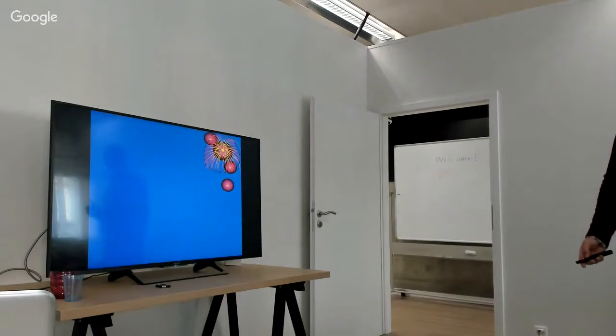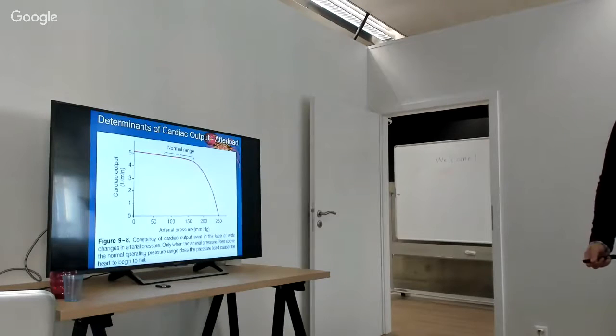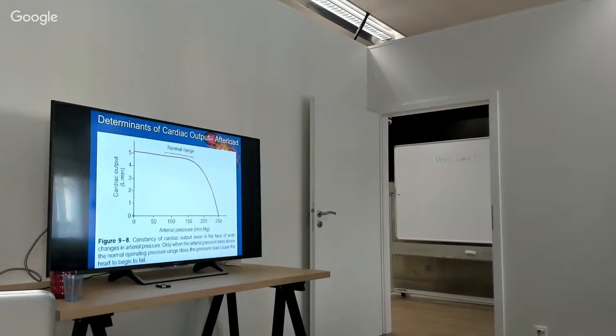We have seen that afterload can reduce the stroke work, but the cardiac output can be brought back in a few beats because of the increase in residual systolic volume and in end-diastolic volume.